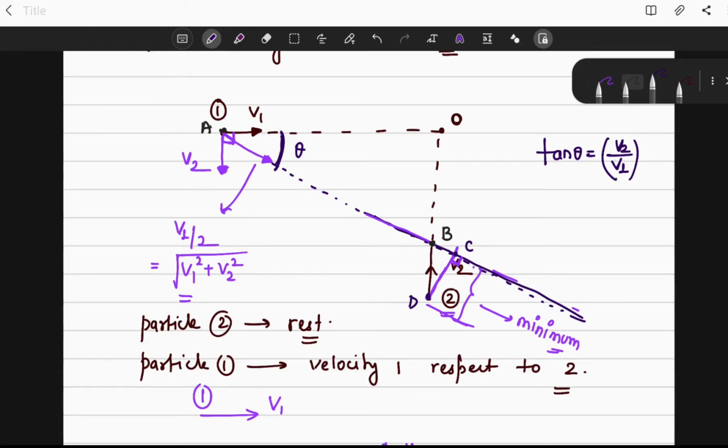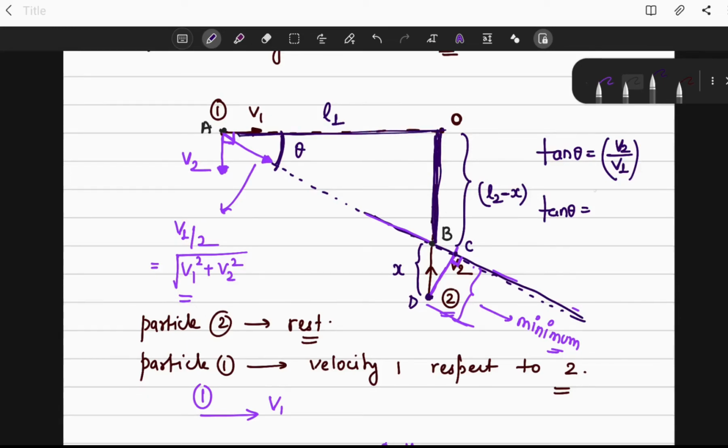Let us say this particular distance is x, the overall distance between O and D is L2, and this distance is L1. So OB we can write as L2 minus x.